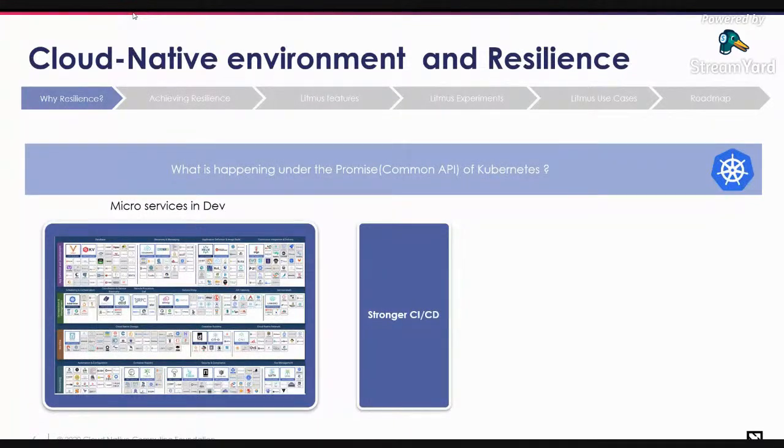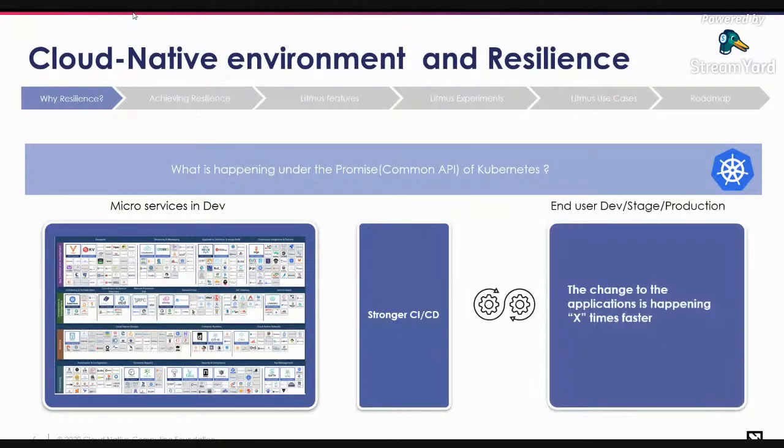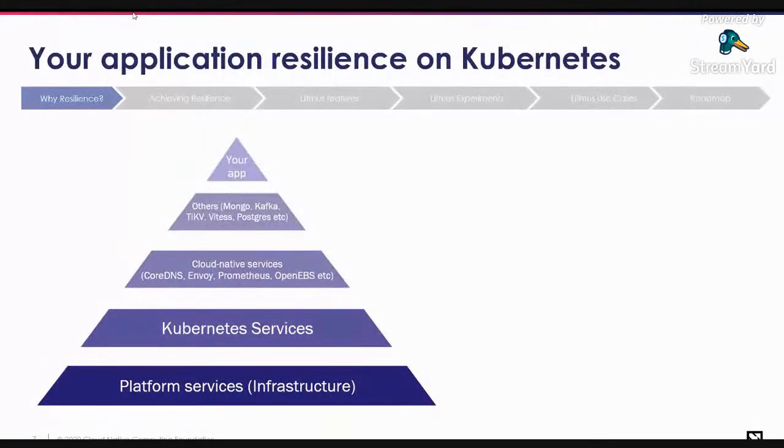Now in the DevOps culture, obviously we know it's very necessary to have a stronger CI/CD, because the change in the application is happening so many times faster while it moves to the end user stage or the staging production stage. It's very necessary to live up to this cloud native environment, which is moving so fast.